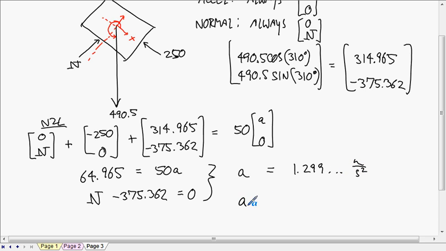So the acceleration vector is equal to 1.299 meters per second squared, 0.